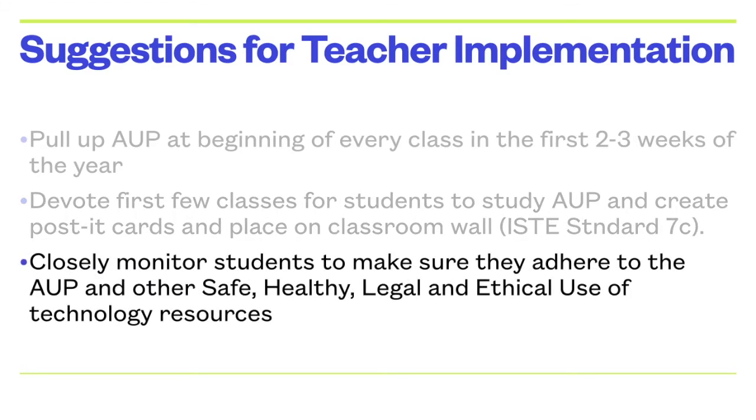And throughout the year, teachers need to closely monitor students to make sure that they adhere to these AUP policies, and that they are also safe, healthy, and use the internet in ethical and legal ways.